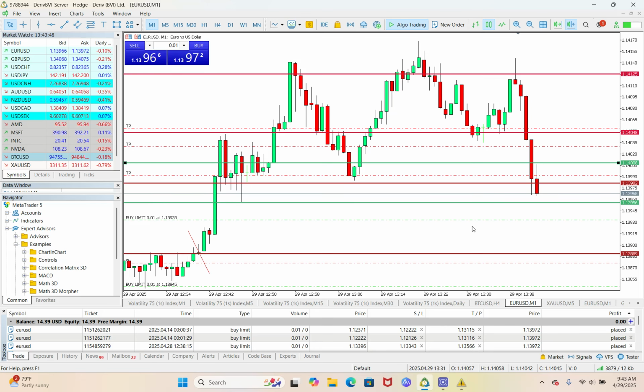With a micro lot, 50 pip would be $5 off this account, right? So 4 losing trades on this account would be gone, right? So you have to be smart.